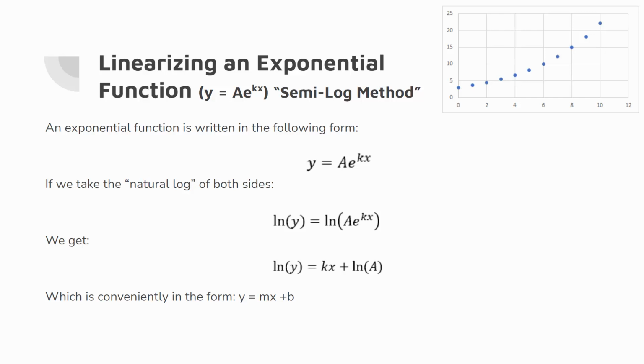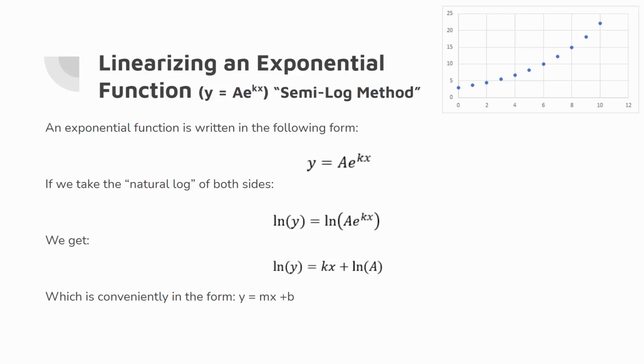If you want to understand this more completely, I encourage you to search YouTube for math lessons on logarithms and natural logs. But essentially, if we take the natural log of both sides, which is the log base e, then the left side remains the natural log of y, which is a mathematical function we could apply to each of our y values.